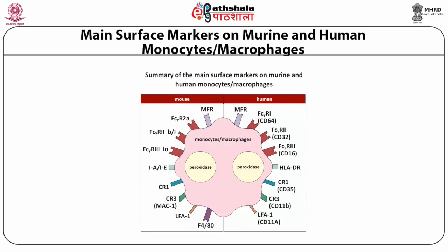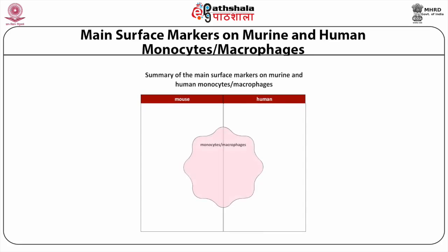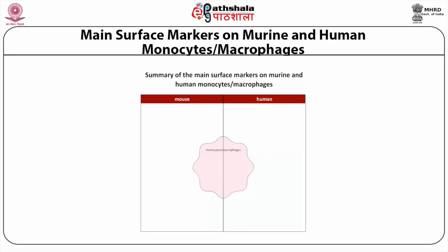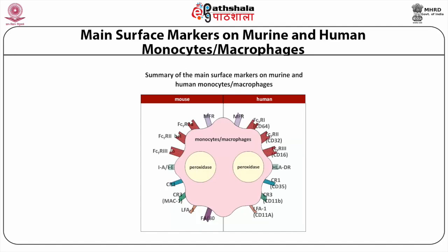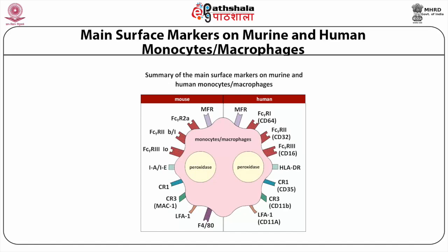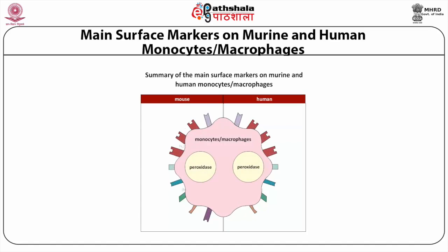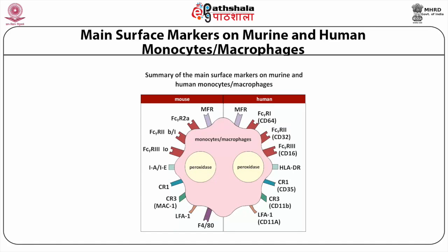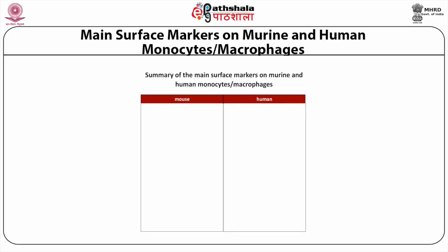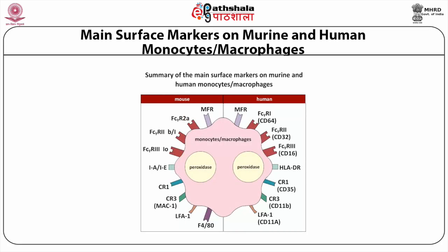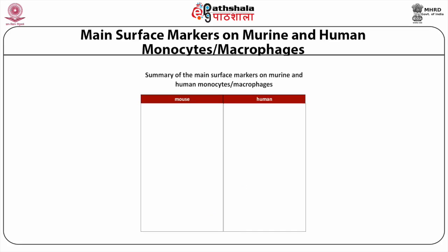CD64, CD32 and CD16 are Fc receptors in human macrophages which have a high, medium and low affinity for immunoglobulins via their Fc fragments. So we can see how innate immunity is connected to various arms of adaptive immunity. Complement receptor CR1 is also present along with CR3, the latter appearing as activated macrophage marker. LFA1 and P150 are also similar markers.